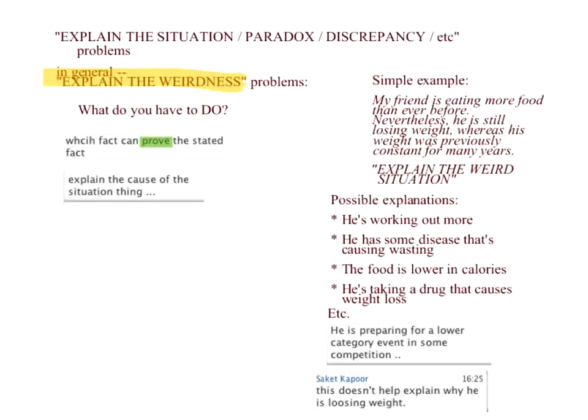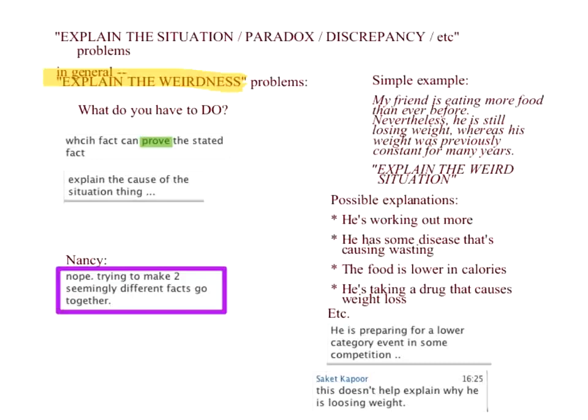Here's what Nancy wrote a moment ago. You're trying to make two seemingly different facts reconcile with each other. This is exactly what you are trying to do. So this is the task at hand. So what this means is there's a conflict in this group of facts.